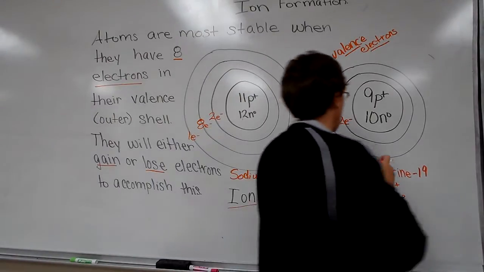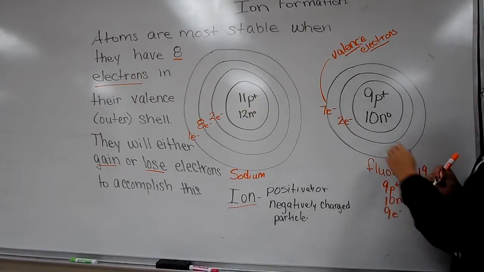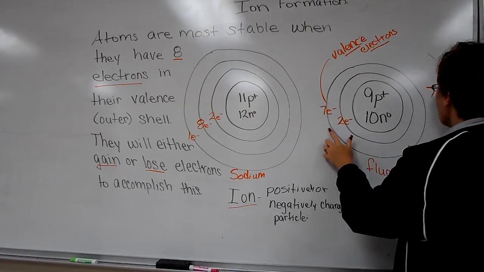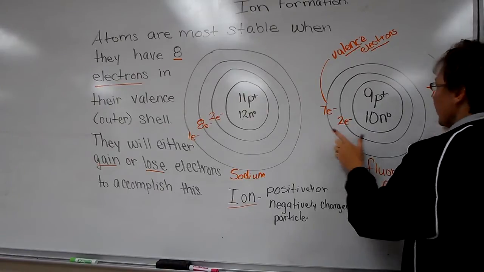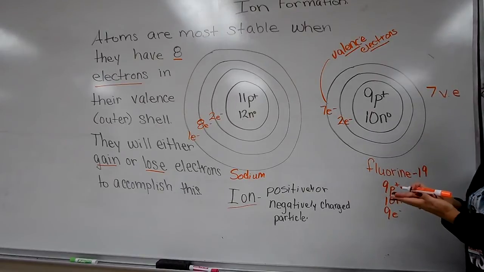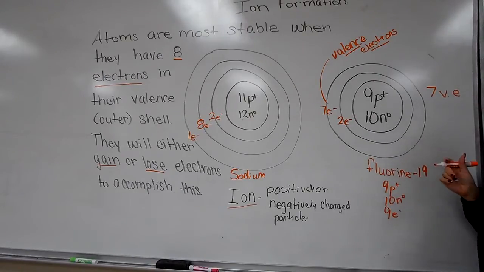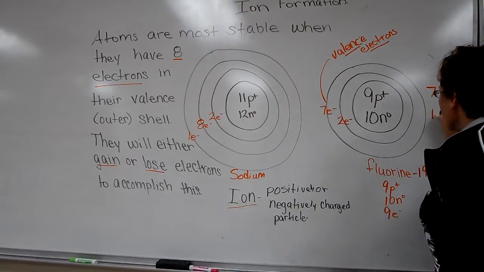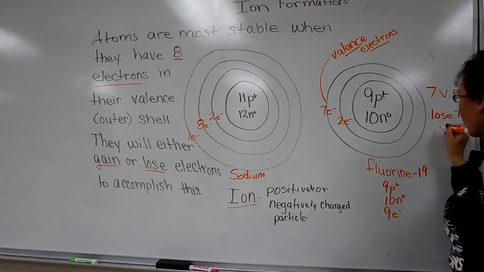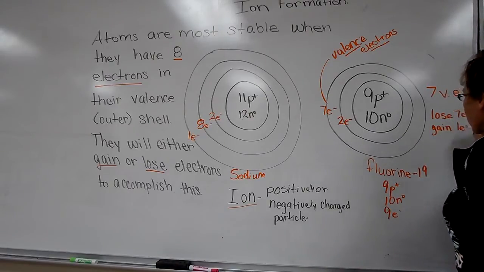Okay, so let's look at fluorine for an example. In its valence shell, it has 7 electrons, so it's got 7 valence electrons. To be in its most stable form, it would need 8. So it's got 2 choices. It could either lose 7 electrons, or it could gain 1 electron.